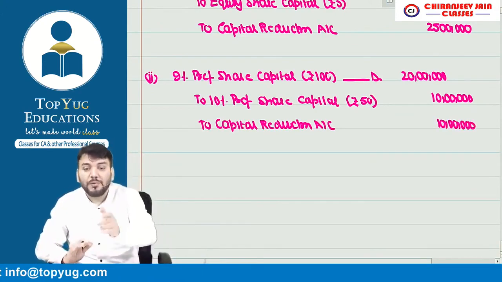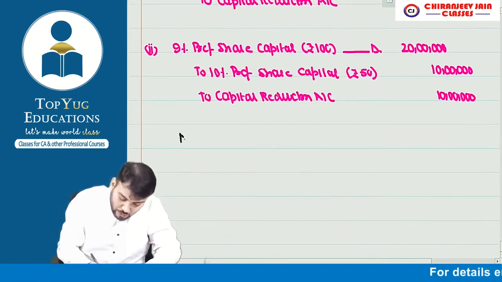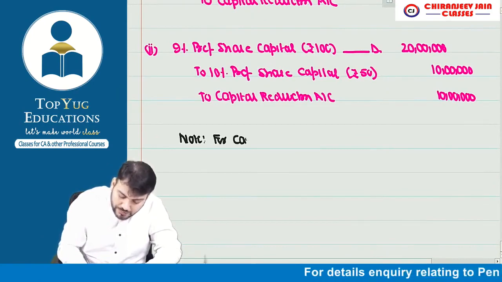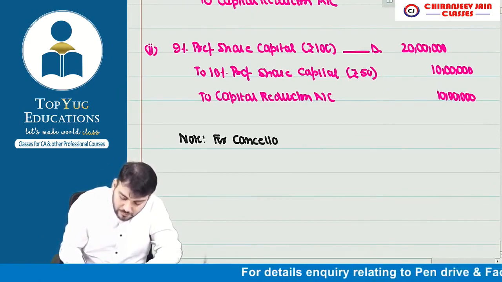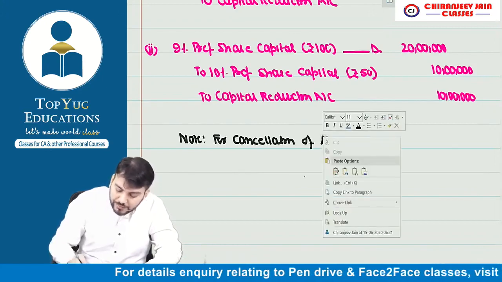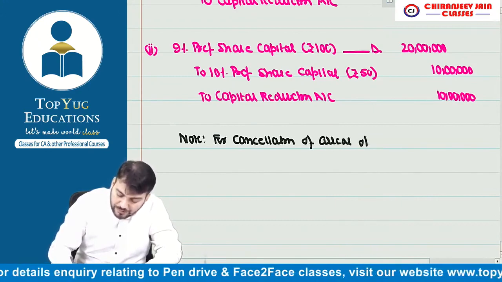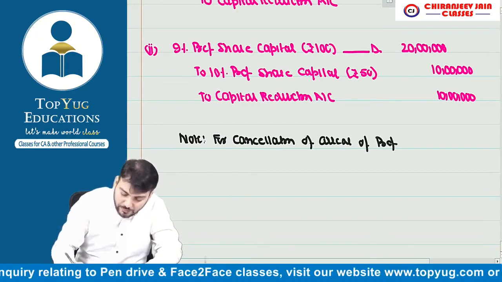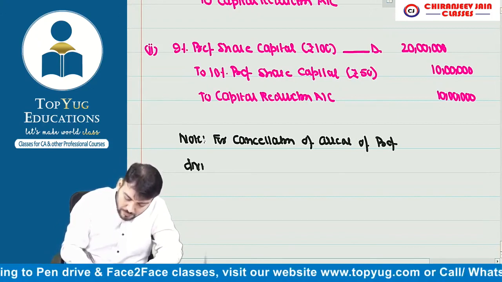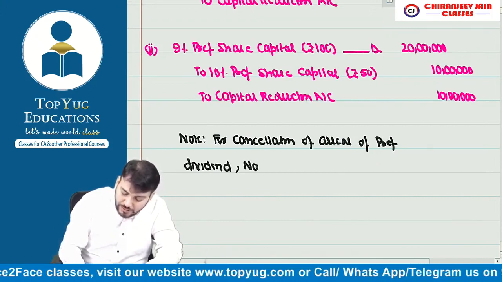And for waiver of preference dividend, no journal entry. I'm just writing one note so that for revision you are not confused. तो note लिख देता हूं. For cancellation of arrear of preference dividend, no journal entry.